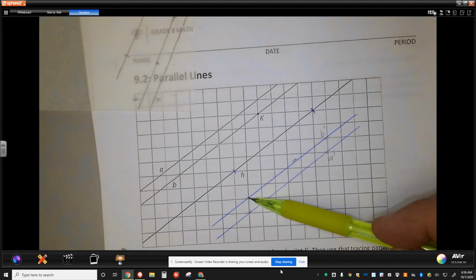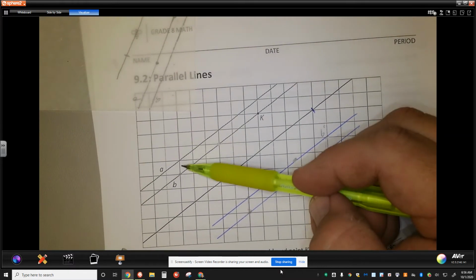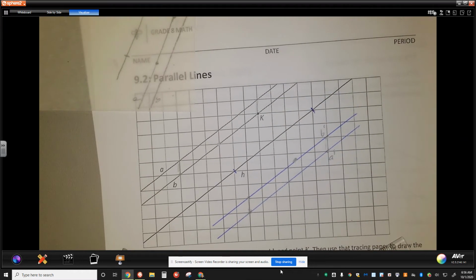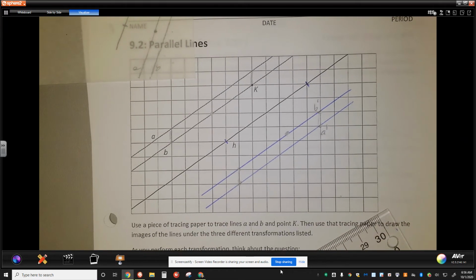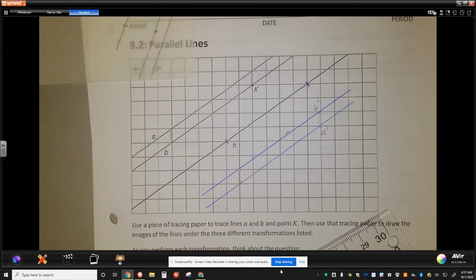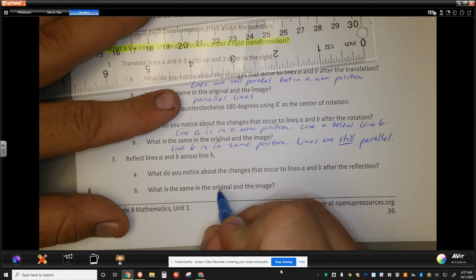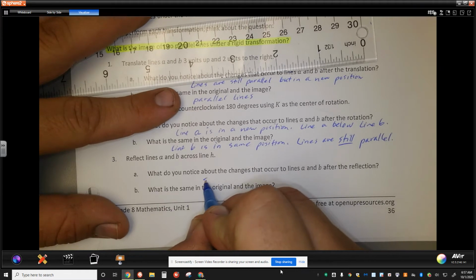But what I noticed was this. As I was drawing these, I noticed that line A and B have a vertical distance of 1 unit away from them. And I see the same thing up here above in my other drawing. That's kind of cool because that helps to verify to me that these lines continue to be parallel no matter what I do with them. So what I noticed about the changes that occur in line A and B, well, they seem to have switched positions under the reflection.